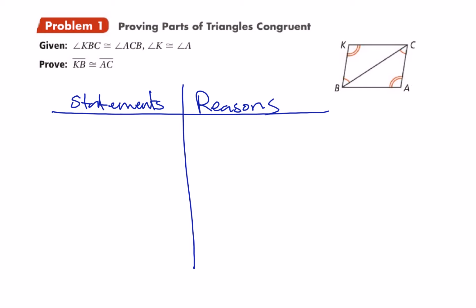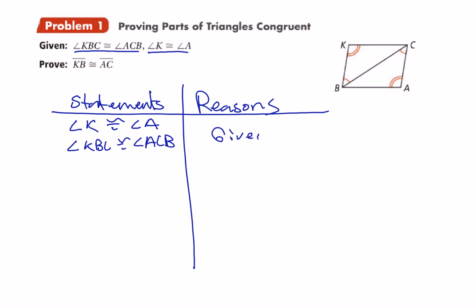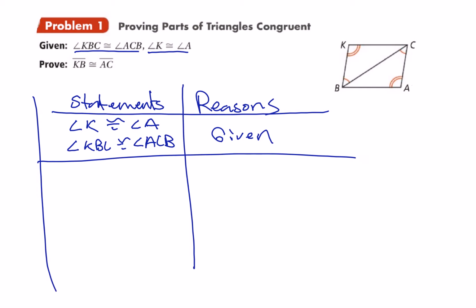So we're going to go through this just like we do any other proof. I'm going to say, proof that two triangles are congruent. I'm going to put these two givens in here because they directly help me out in the beginning. So angle K is congruent to angle A, and angle KBC is congruent to angle ACB. Why? Because it's given to me. Now what does that do for me? That gives me two angles in here that are congruent.